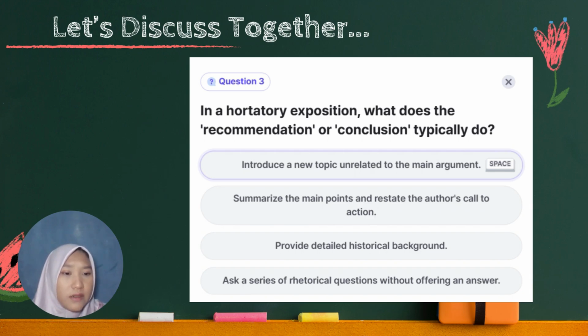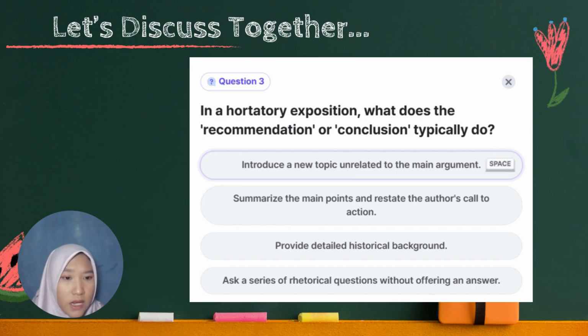Move to the next option. Provide detailed historical background. This is usually found in the orientation part of a recount text or the background part in a news item. So option C is incorrect.